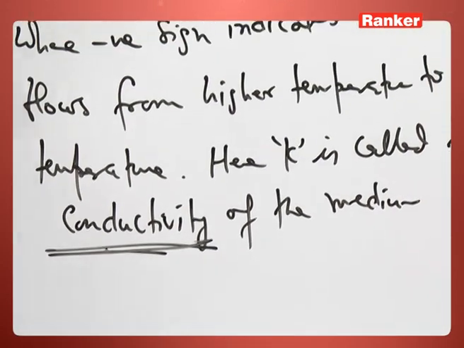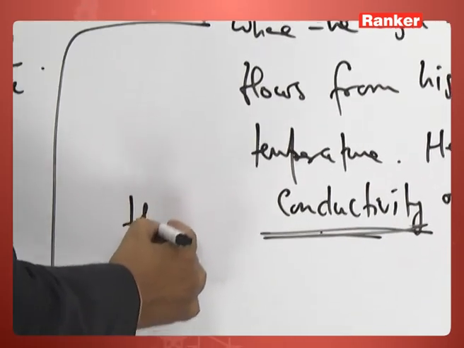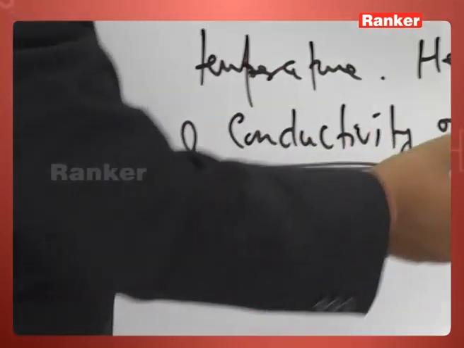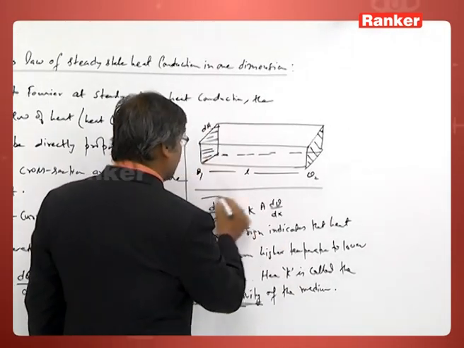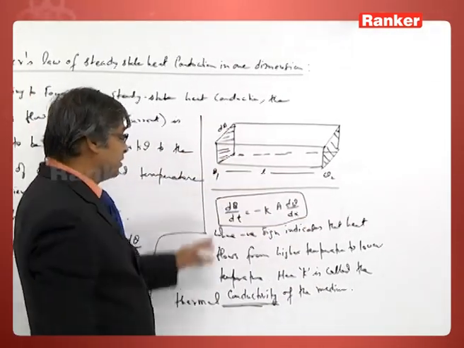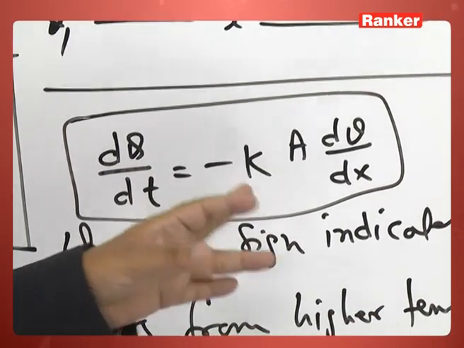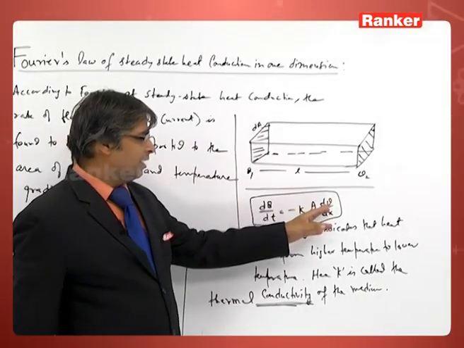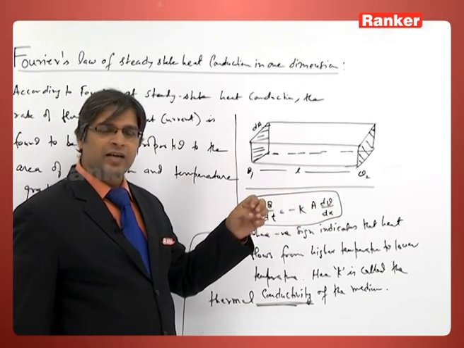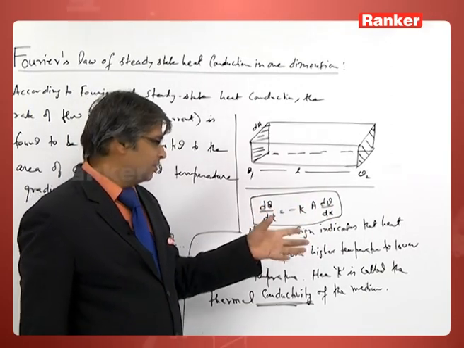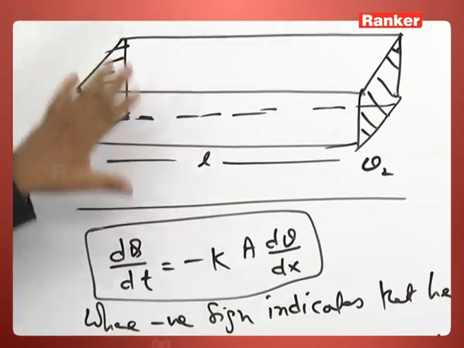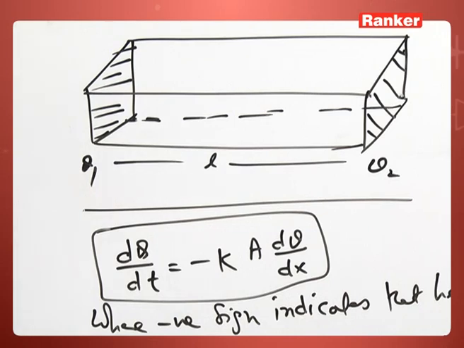So, K is called the thermal conductivity of the medium. This is a very important result: dq by dt is equal to minus K A d theta by dx, where d theta by dx is the temperature gradient. Now let us see how this is applied to a rod, a conducting rod.